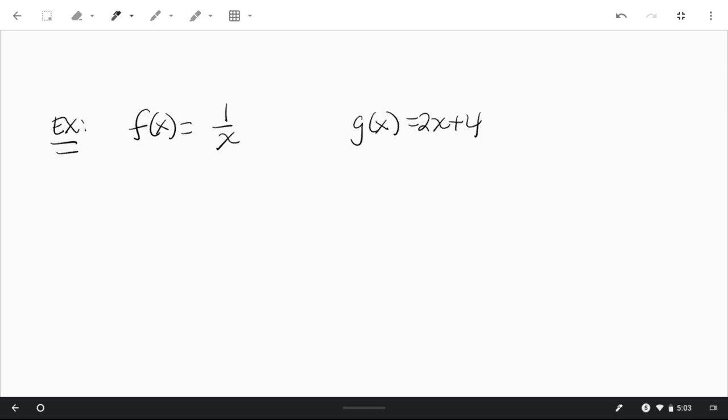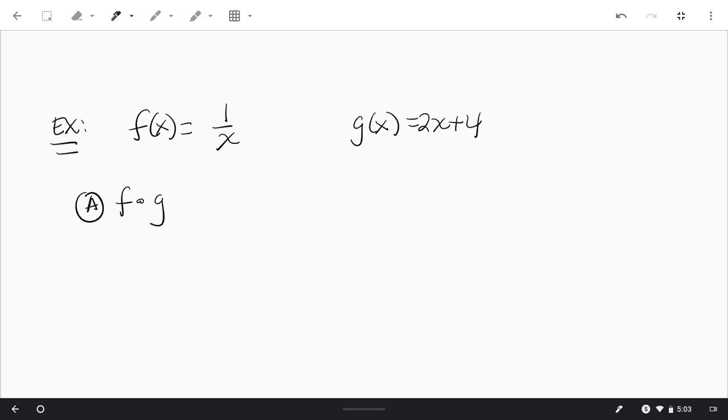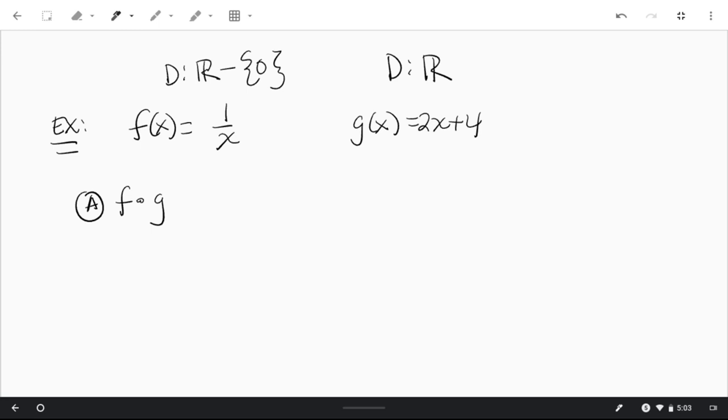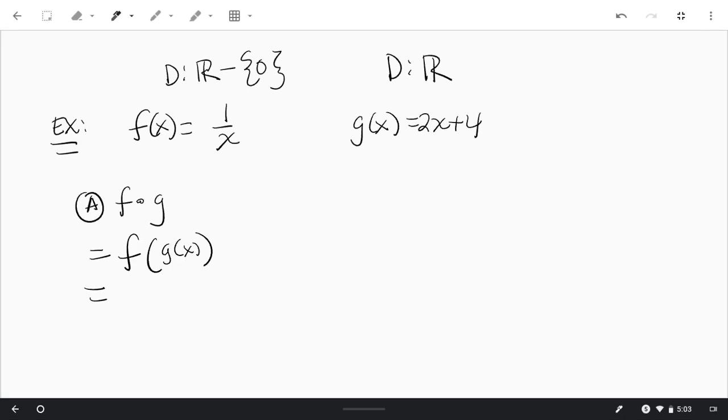Before we do that, let's take a look here. This one has a domain of all real numbers except for 0. This one has a domain of all real numbers. We can't have 0 in the denominator or else we get undefined. f circle g means f of g, which means we plug the g function into the f function.